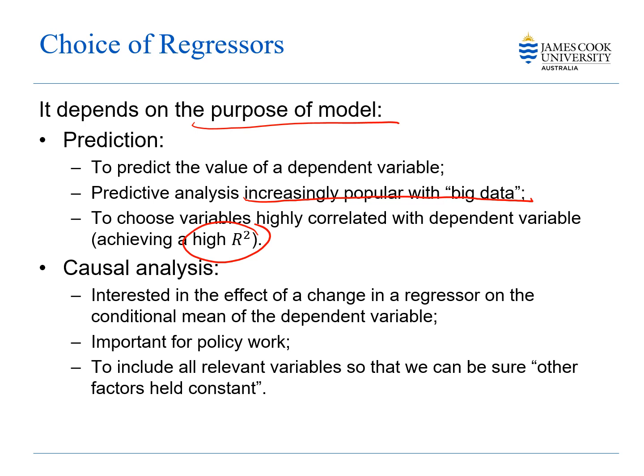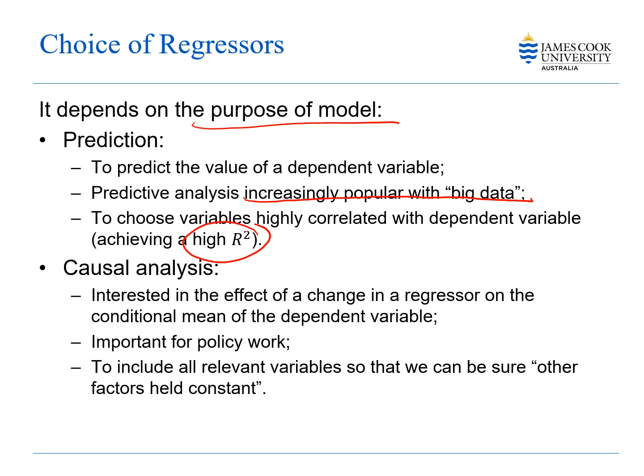For causal analysis, we have our dependent variable y and our explanatory variables x1, x2, x3, x4, and so forth. We will be interested in understanding, holding all the other variables constant, how x2 affects y, or the marginal impact of x2 on the conditional mean of y.